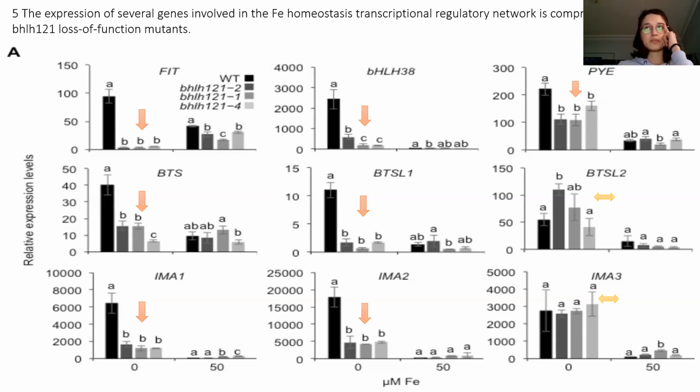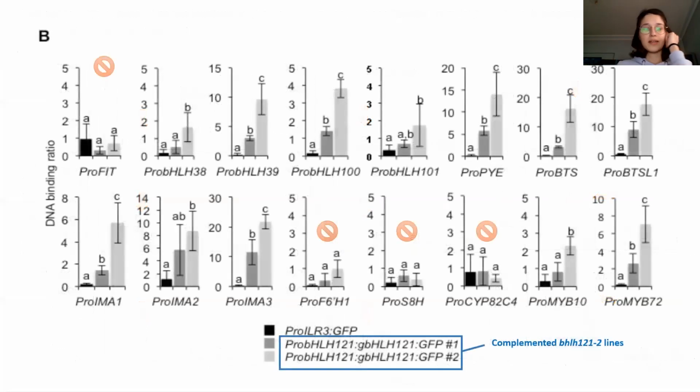I'm passing that. Yes. Okay, in part B, these are the genes that are all possible targets of the BHLH121 transcription factor. So they just measured the DNA binding ratio of BHLH121 to these promoter regions of those genes.